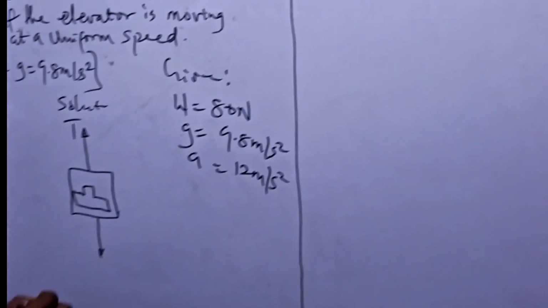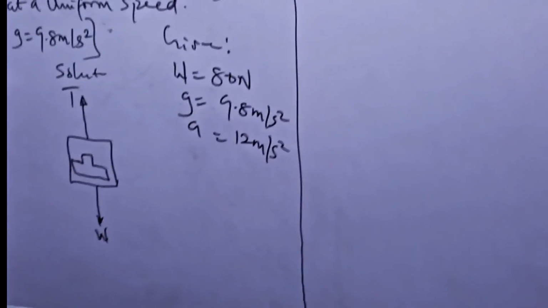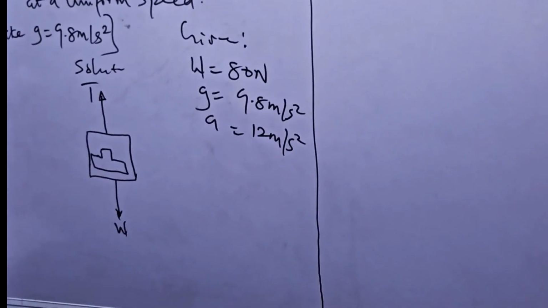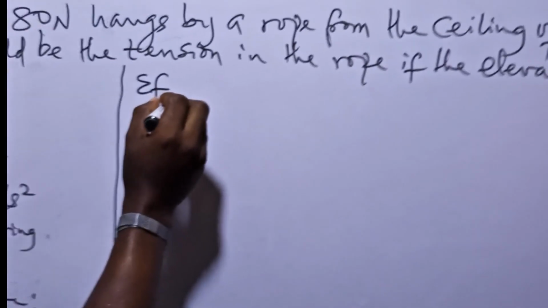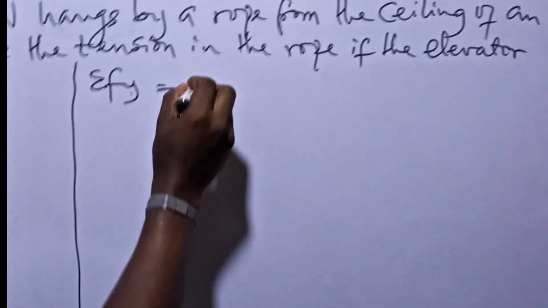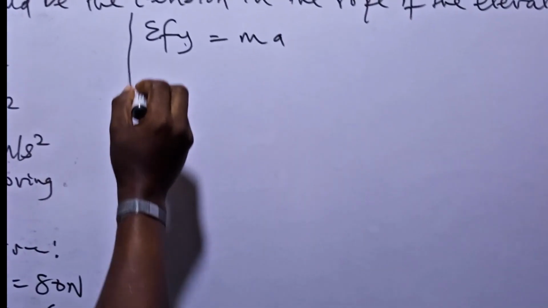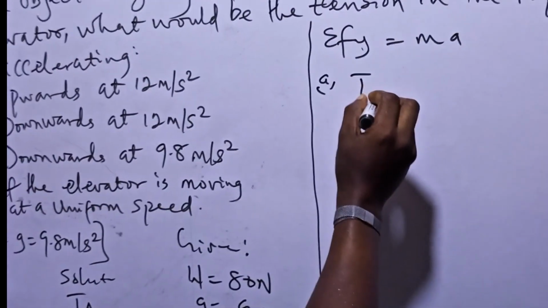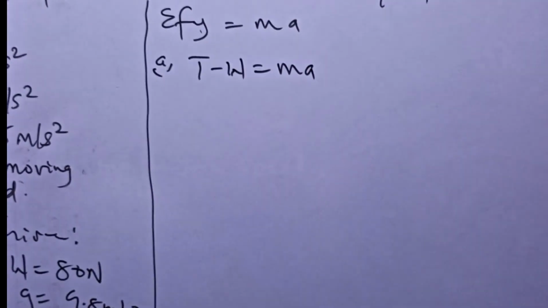This is tension and this is weight acting downwards. Now let's resolve this. Let's say that summation F of y equals mass times acceleration. We have here for A, since it's going upwards, tension minus weight equals mass times acceleration.